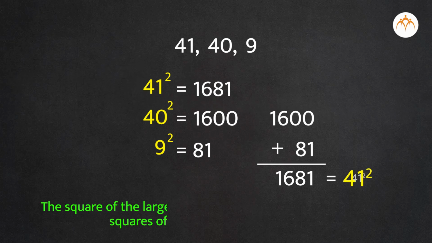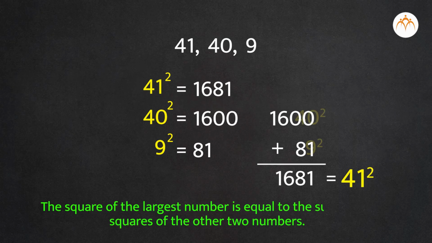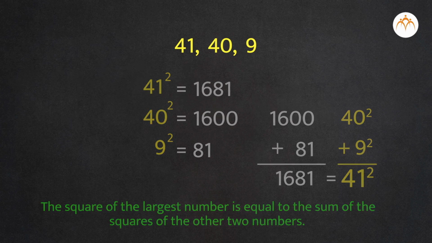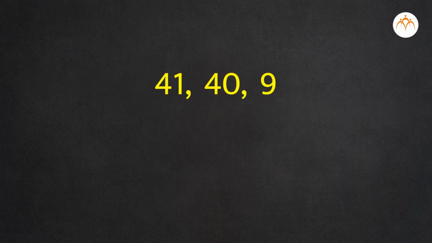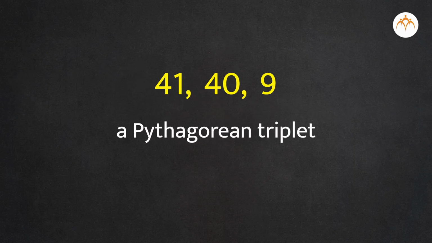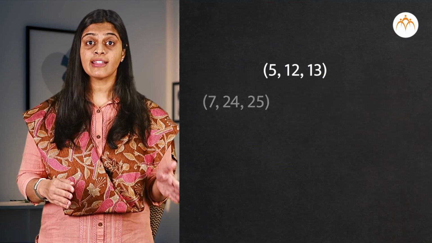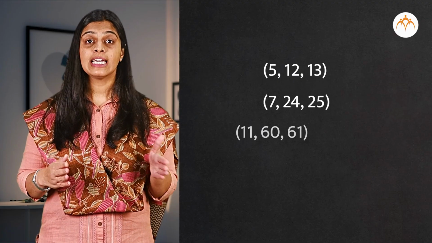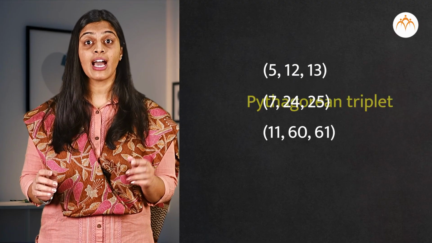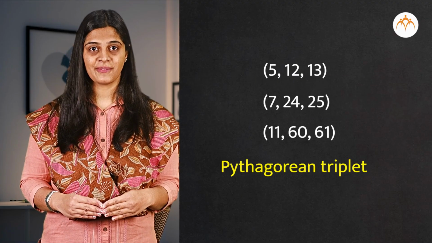Here, the square of the largest number is equal to the sum of the squares of the other 2 numbers. Therefore, 41, 40, 9 is a Pythagorean triplet. Verify that 5, 12, 13; 7, 24, 25; 11, 60, 61 are Pythagorean triplets.